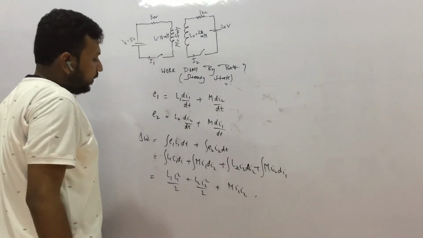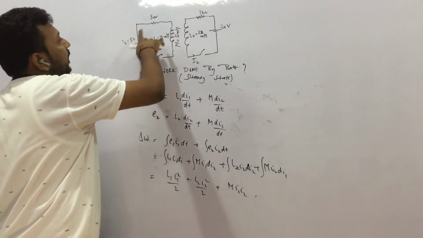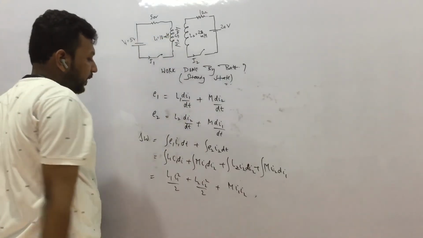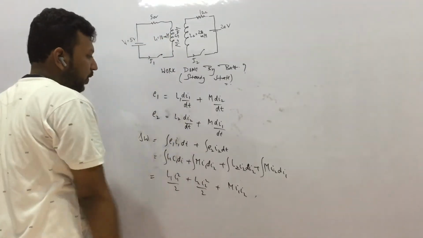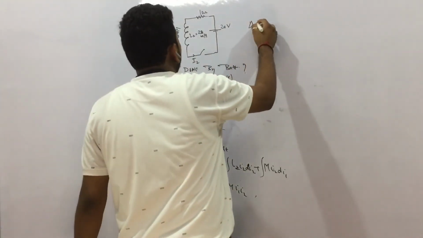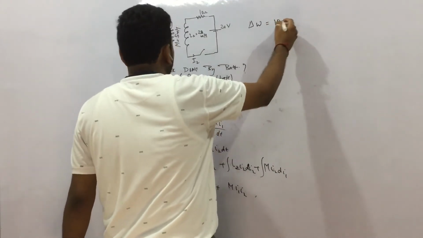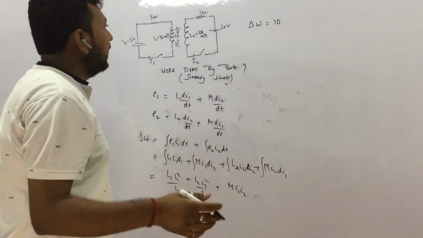Now we can put the values. What is the steady current here? The steady current here is 5 by 5, that is 1 ampere. So work done will be calculated in millijoule.